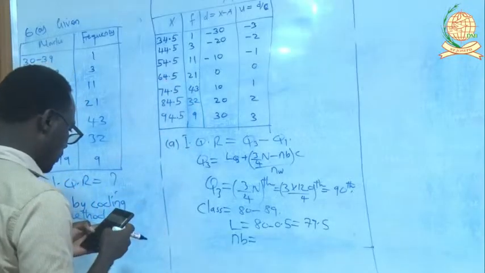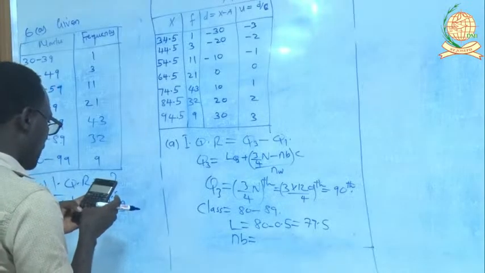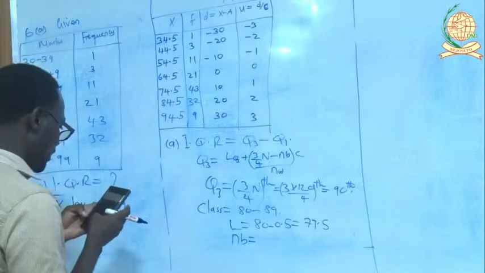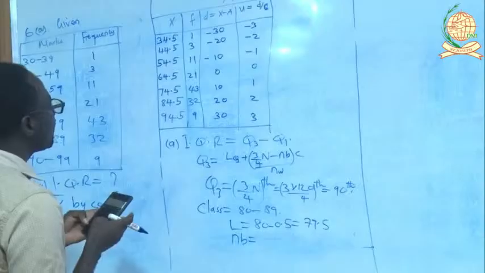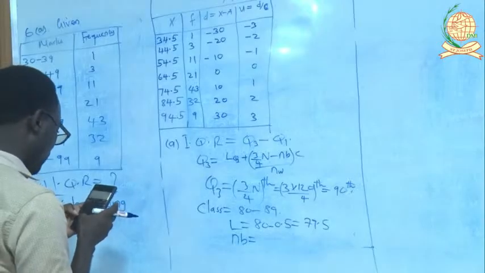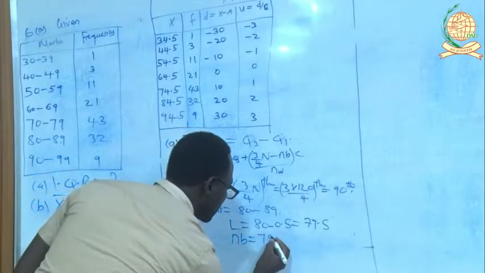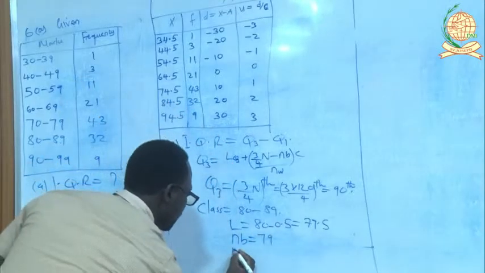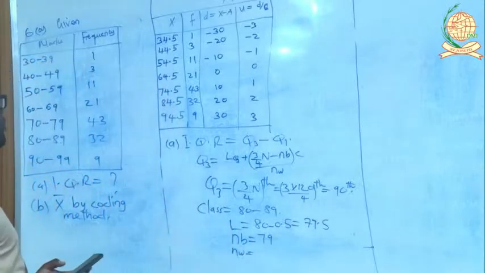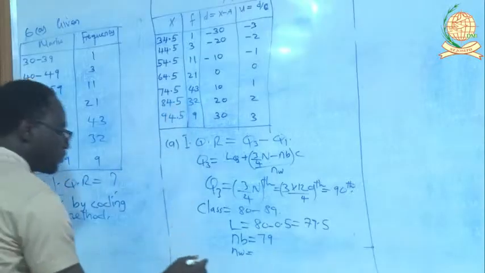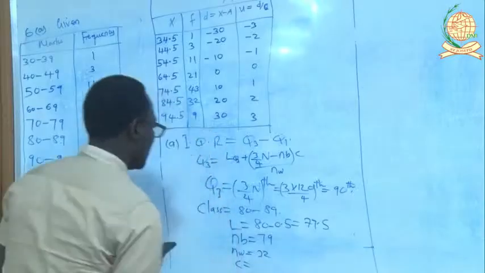So take 1 plus 3 plus 11 plus 21 plus 43. Yeah, 79. Okay, NW, this is the frequency within the class interval. So 32. And C equals 10.